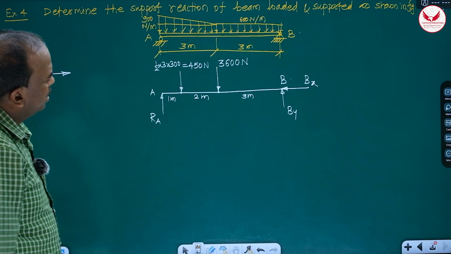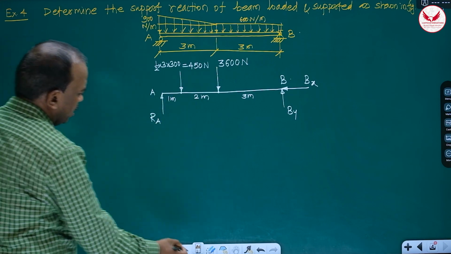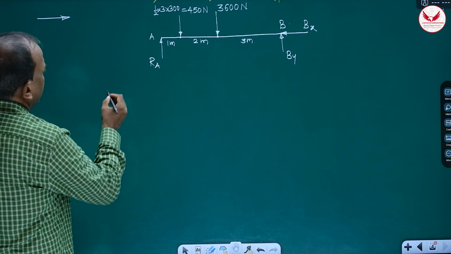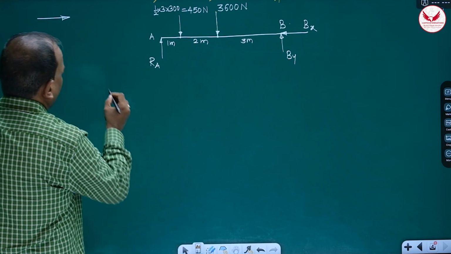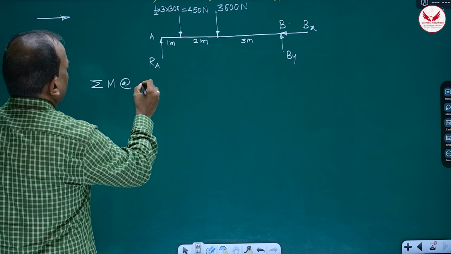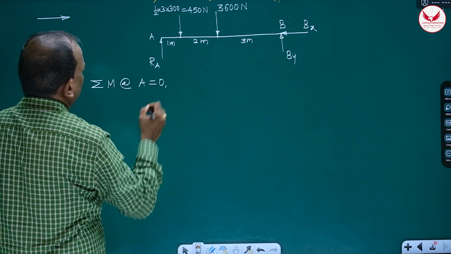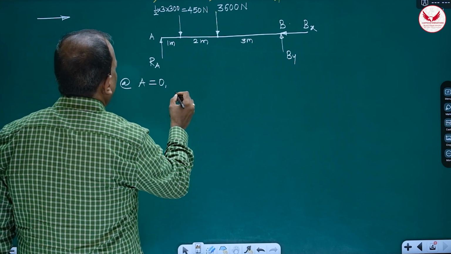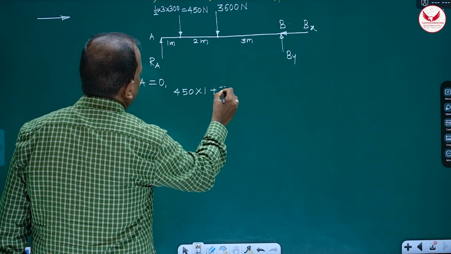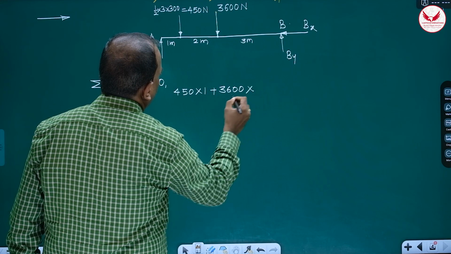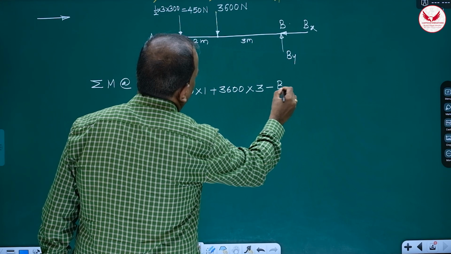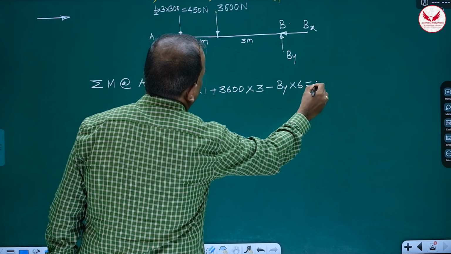And if that length is 6 meters, then again what is the way of solving the example? Same procedure. For this beam, summation M about A equal to 0. About A, the moment of 450 into 1 plus 3600 into 3 minus By into 6, it is equal to 0.